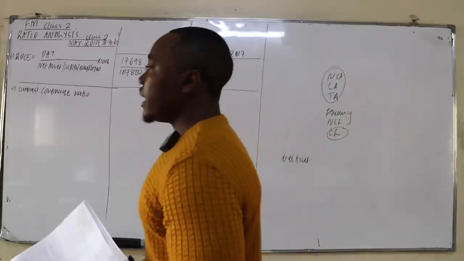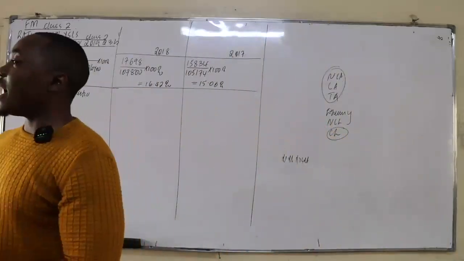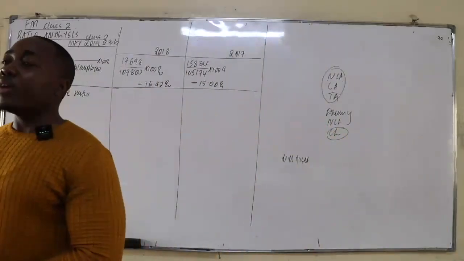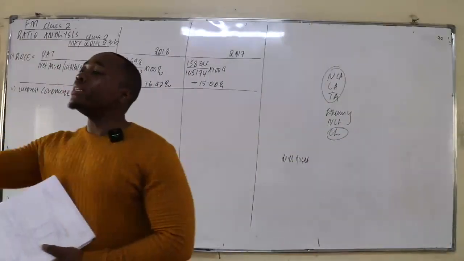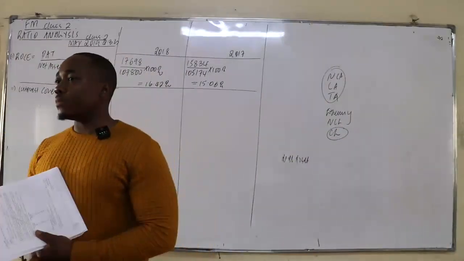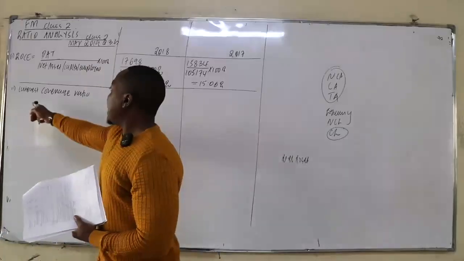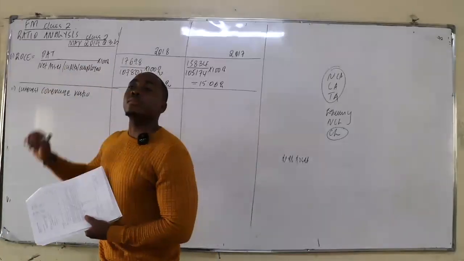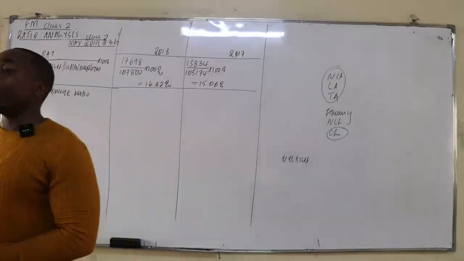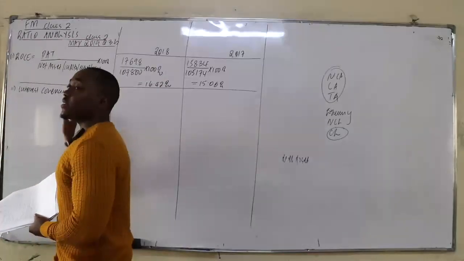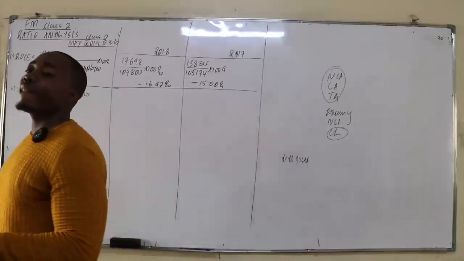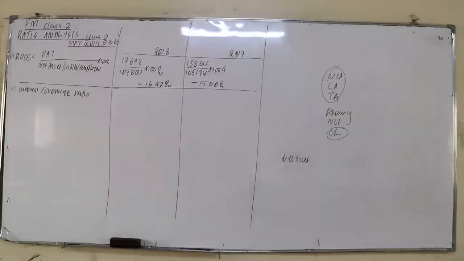Leverage shows how the company has used debt to finance its assets. Once you borrow, what do you pay in return for a loan? You pay the interest. The interest cover ratio is also known as what? You need to know all the names, because next time the examiner will not ask about the interest coverage ratio, they will ask another name. It is also called the interest ratio.